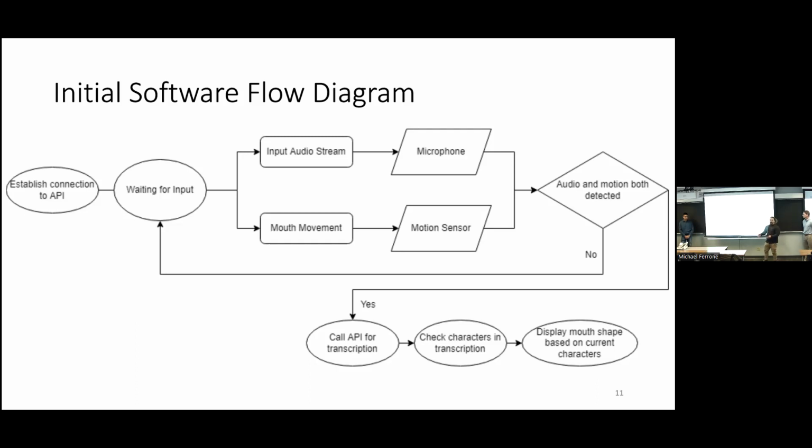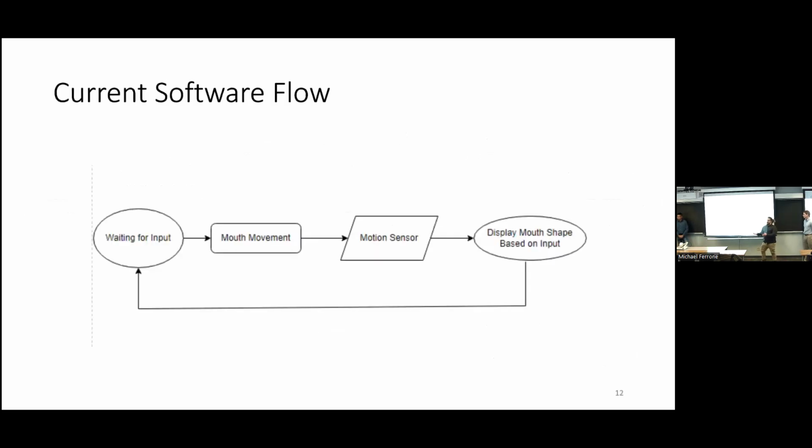So it got pretty messy pretty quickly. Because of that, right now our speech to text is not really implemented. Instead, we're working directly with the motion sensor because of that hardware limitation.